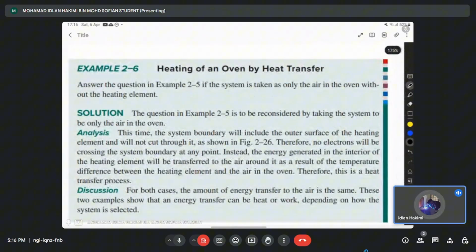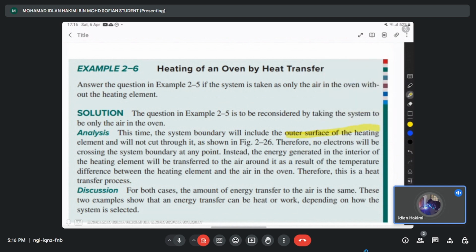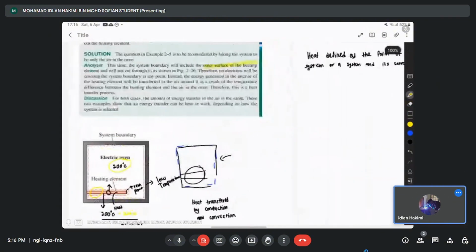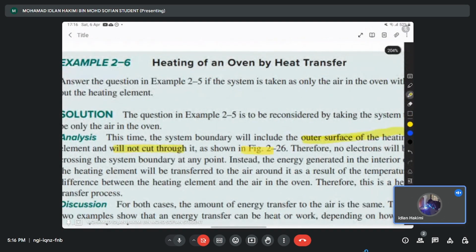In this analysis, the system boundary will include the outer surface of the heating element and will not cut through it, as shown in figure 2.6.